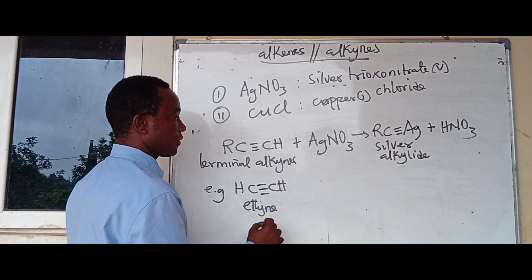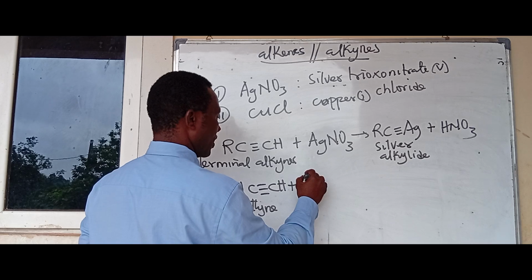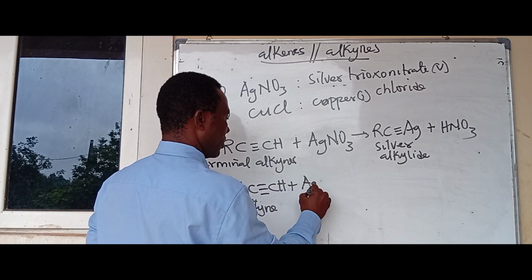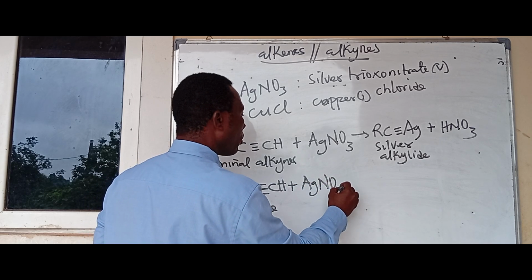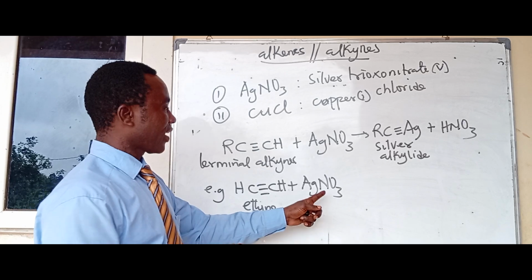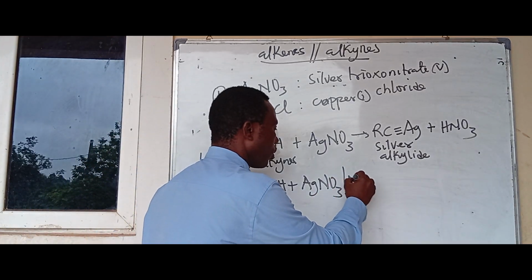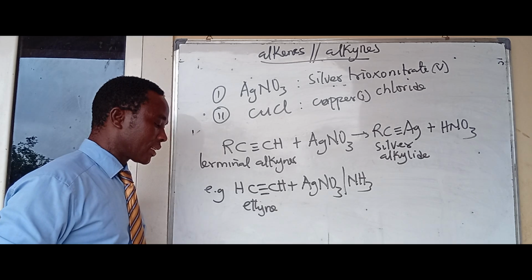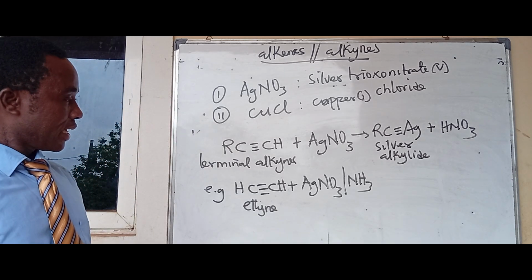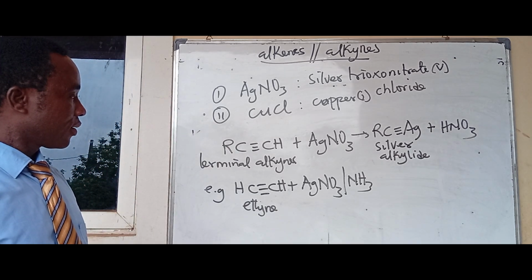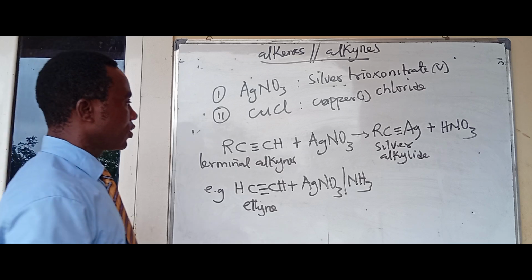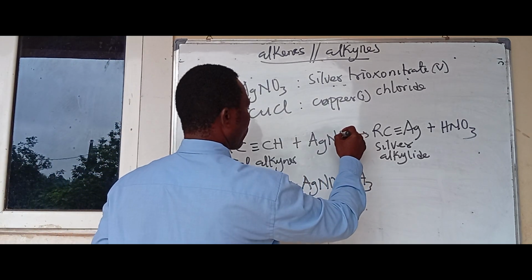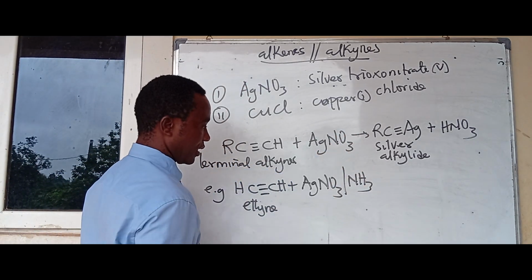Now, if ethyne reacts with silver nitrate, it is very important that the silver nitrate must be in ammonia, aqueous ammonia. So there must be the presence of aqueous ammonia here.